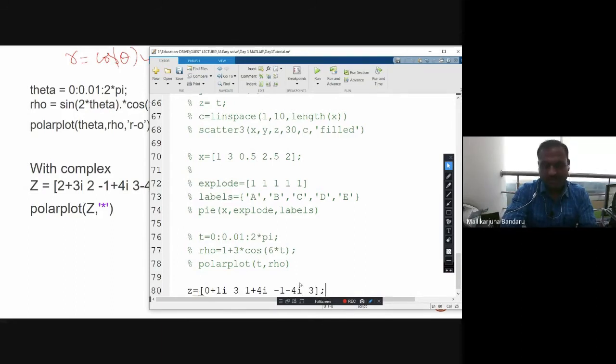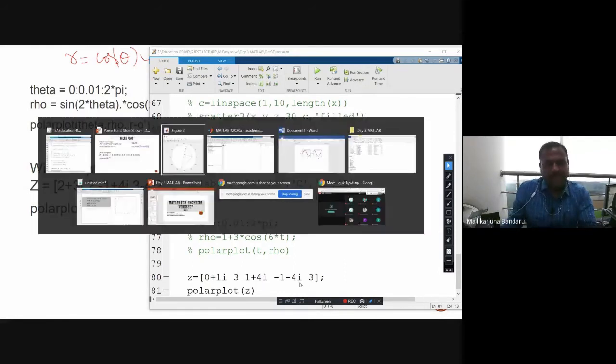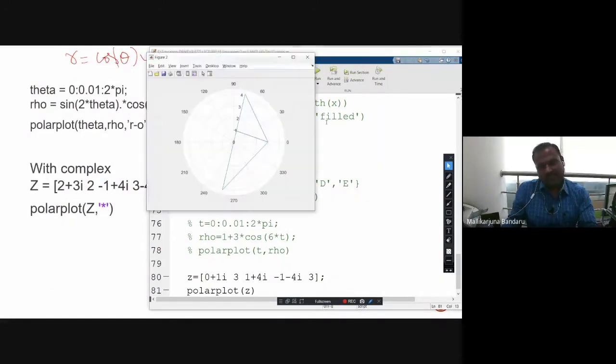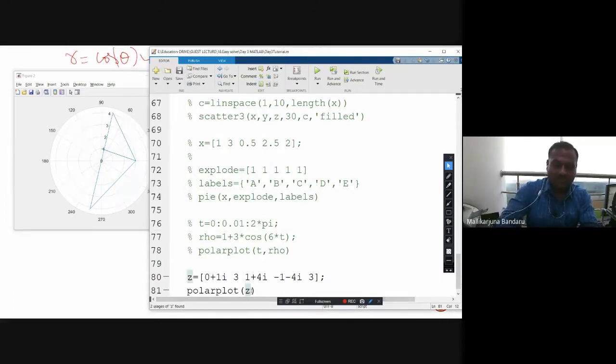So this. Now polar plot of Z. See, this is actually polar plot of Z. So it is just joining all the points one by one, 0 to 1 plus i and 3 and 1 plus 4i. So let us make it like this.